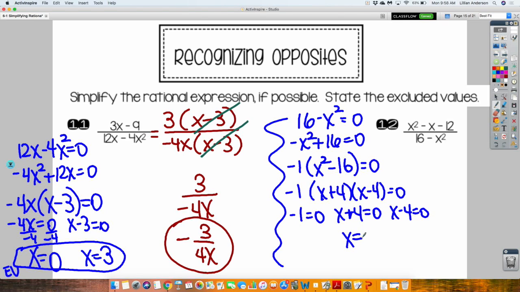So one is going to be a what? And one's going to be a positive 4. What about here? Negative 1 equals 0. What's that? Gibberish. Okay? Anytime your GCF is a number, there's not going to be an excluded value for it. If it was a variable, then that's a different story.